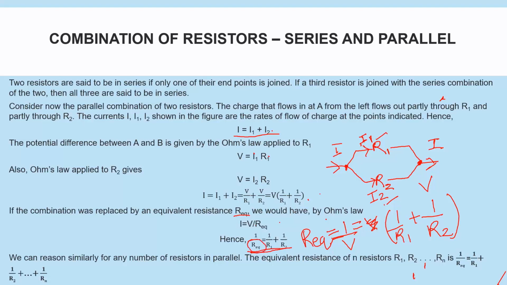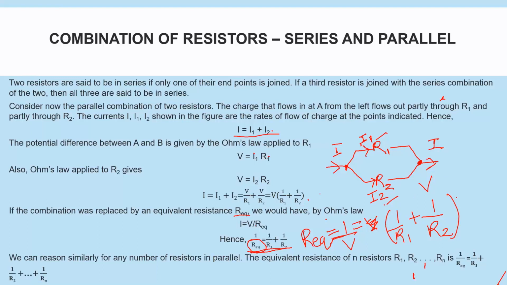When you have resistors connected in parallel, similarly as we had in series, where it is R1 plus R2 plus dot dot dot till Rn, a sum of the resistors, here the equivalent resistance in the parallel combination is given by the sums of the reciprocals.